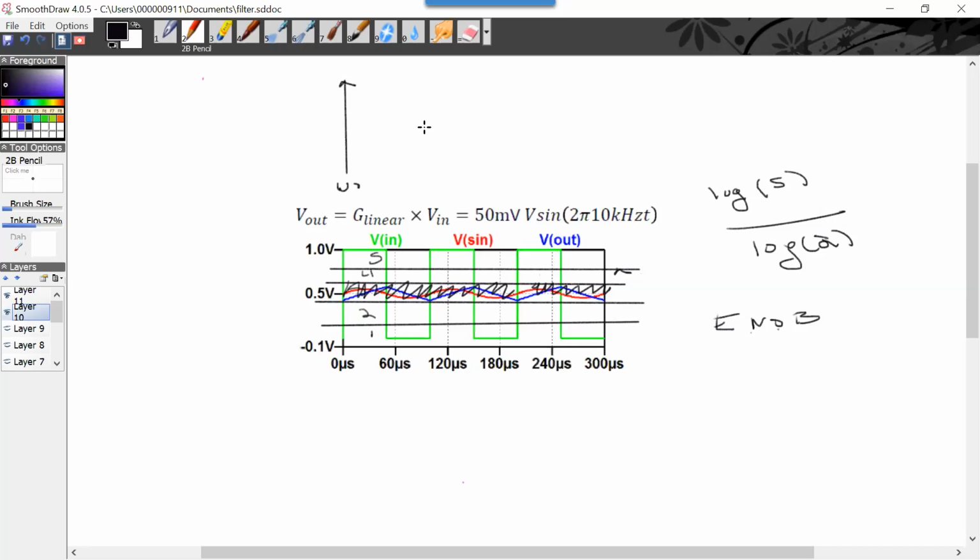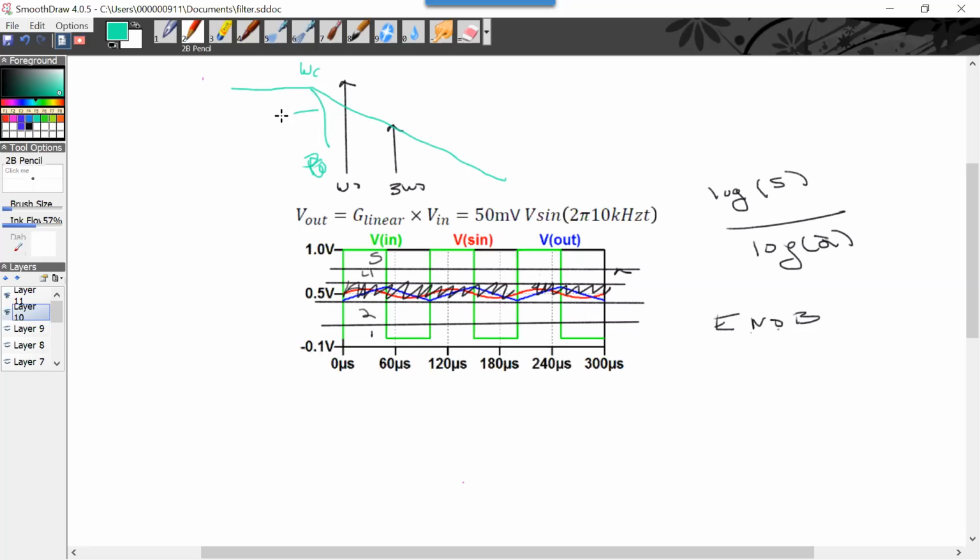This is my first harmonic, and that's my third. That's omega C, the cutoff.